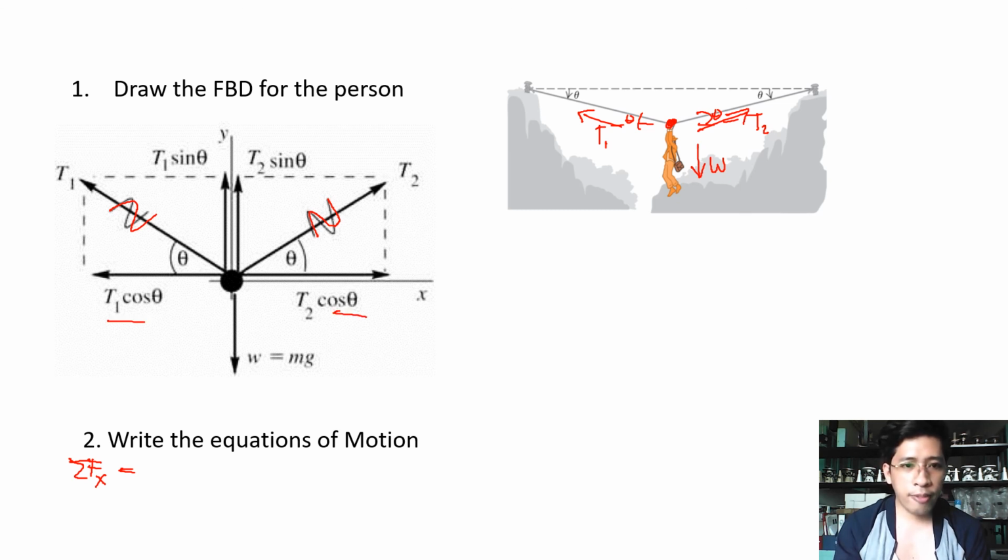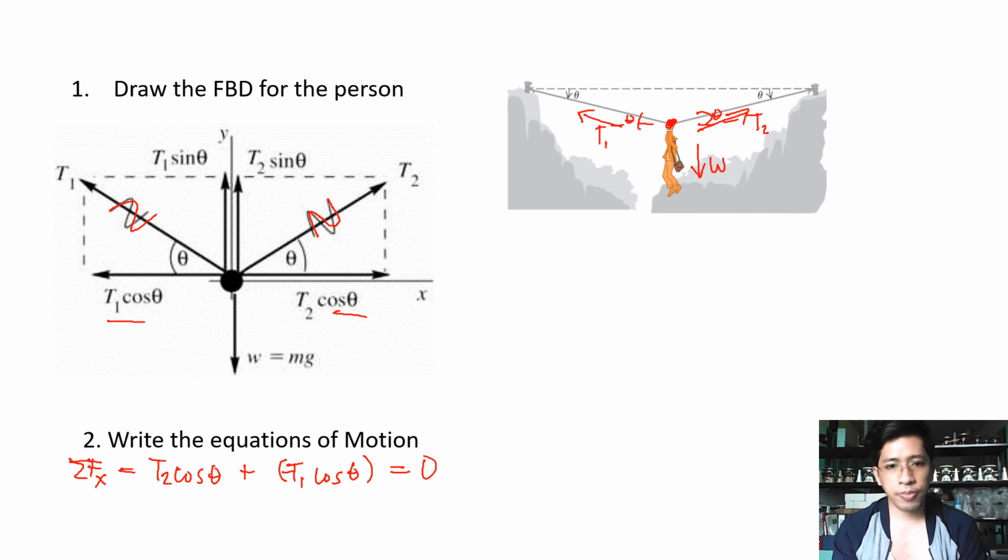So we have T2 cosine theta, a positive, plus a negative T1 cosine theta, and that is equal to 0. Or let me rewrite this one: T2 cosine theta minus T1 cosine theta is equal to 0. Did you get the right answer?